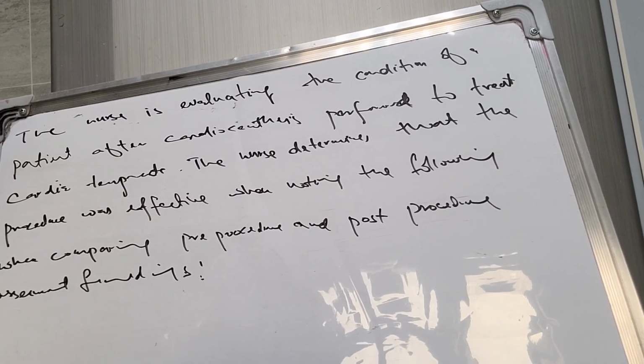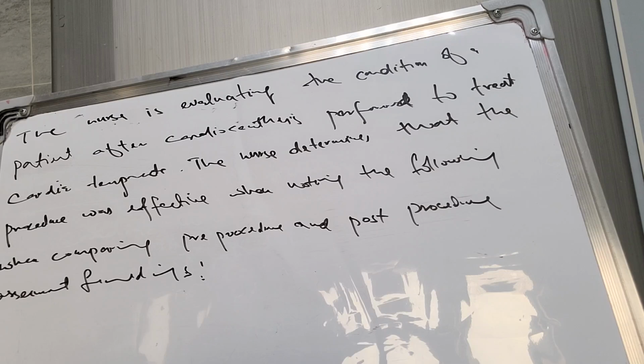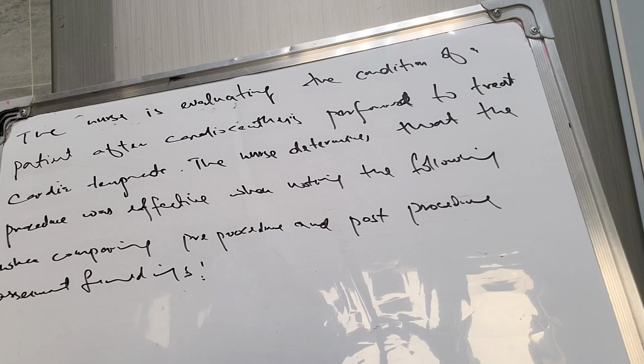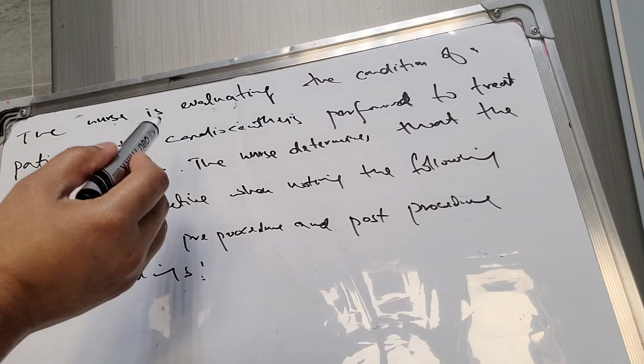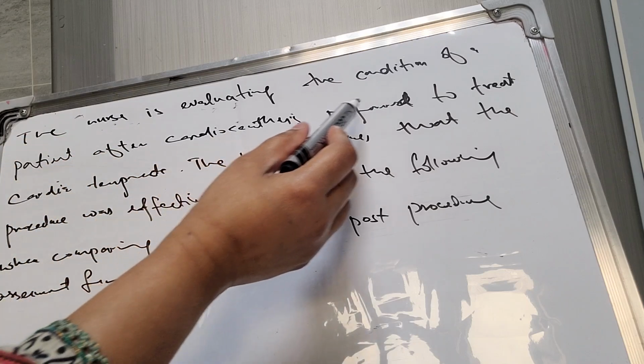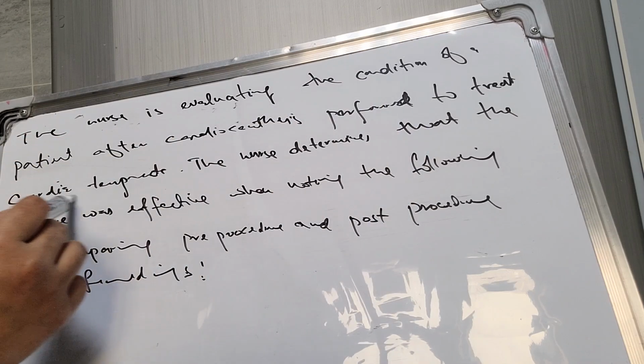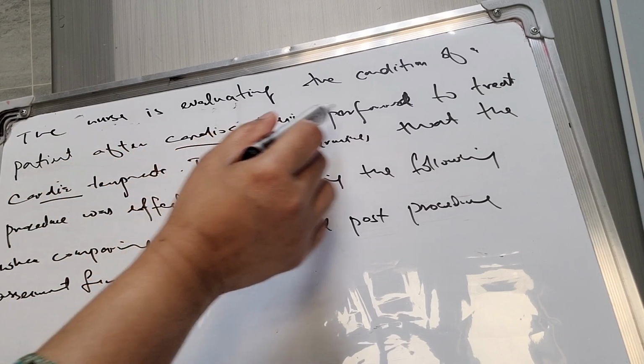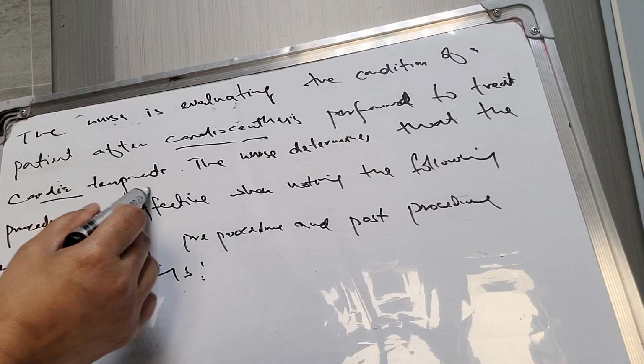So at the end we will discuss one thing. That is some evaluation. We will evaluate what we did before. The nurse is evaluating the condition of a patient after pericardiocentesis performed to treat cardiac tamponade. They did pericardiocentesis, meaning they removed fluid for the cardiac tamponade.